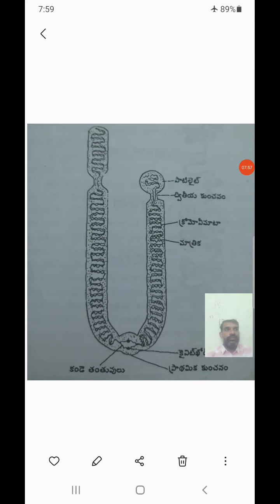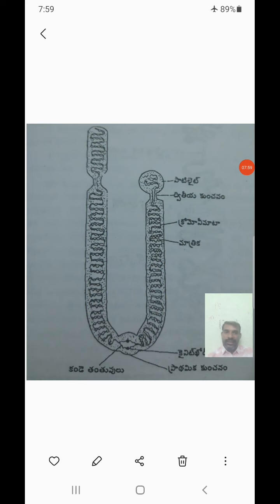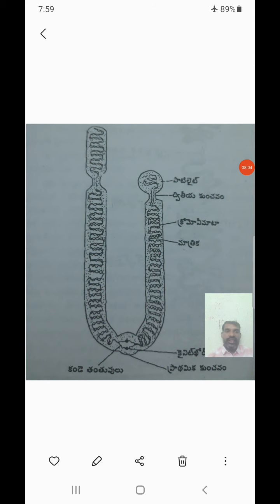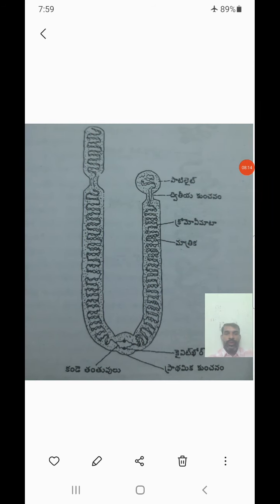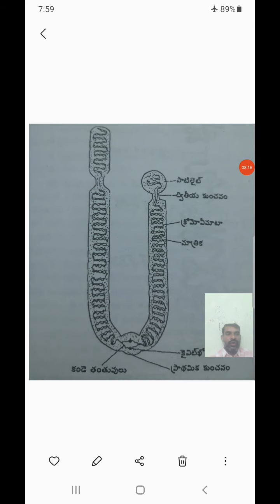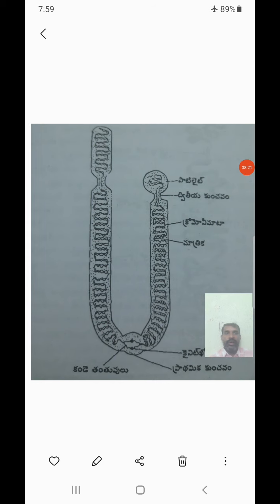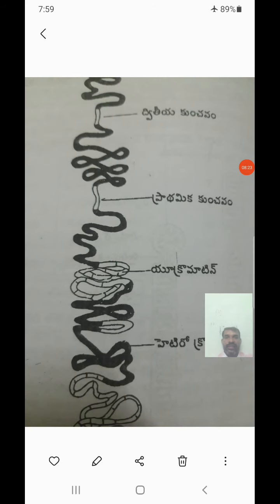Now the chromosomal structure. We can identify different parts: centromere, chromatid, telomere and chromonemata. In telophase we can observe chromonemata as a hair-like structure, and two different types of chromatin, heterochromatin and euchromatin.